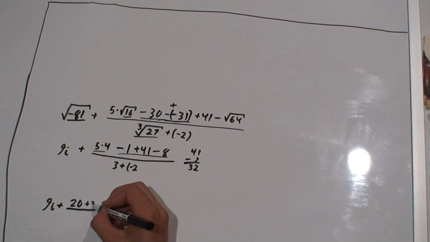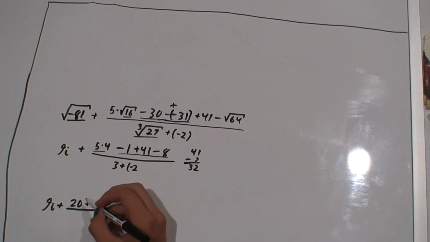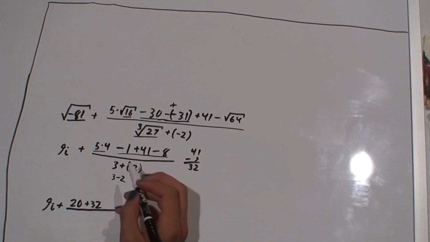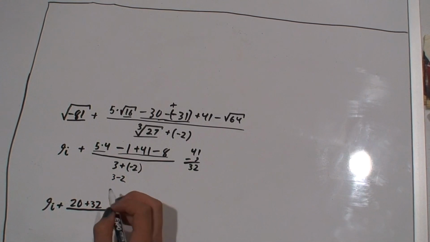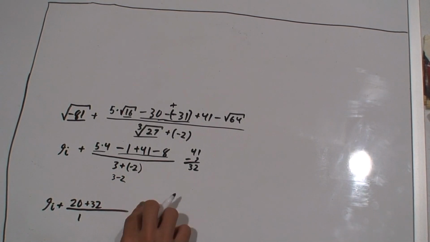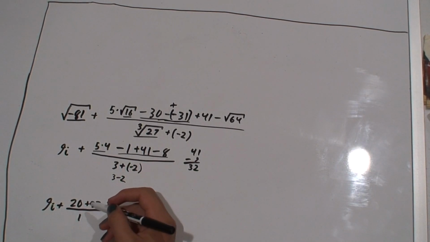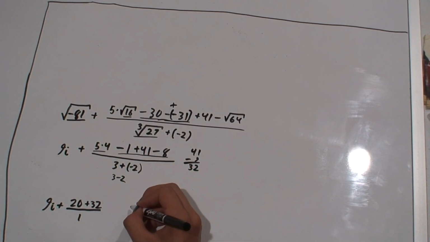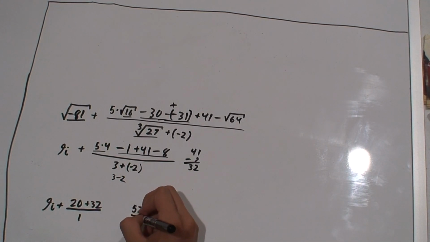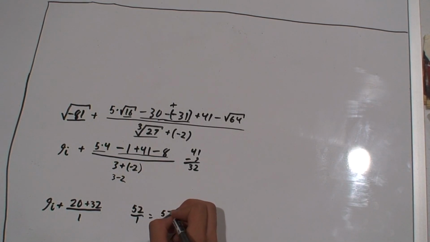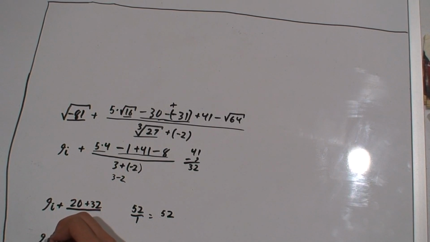So 20 plus 32 over 3 plus negative 2, which is the same as 3 minus 2, and that is 1. So you have 9i plus 20 plus 32 divided by 1. 20 plus 32 is 52 over 1. That's the same thing as 52. So our answer would be 9i plus 52.